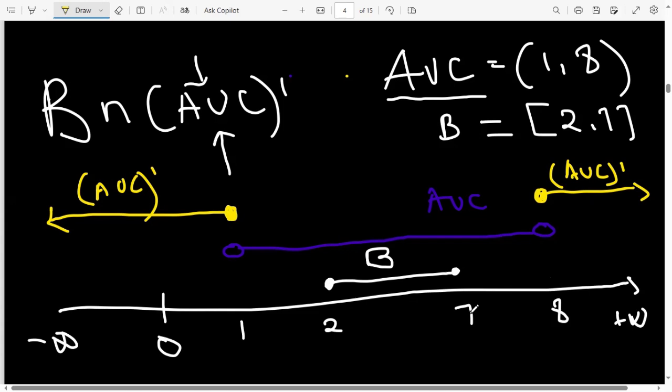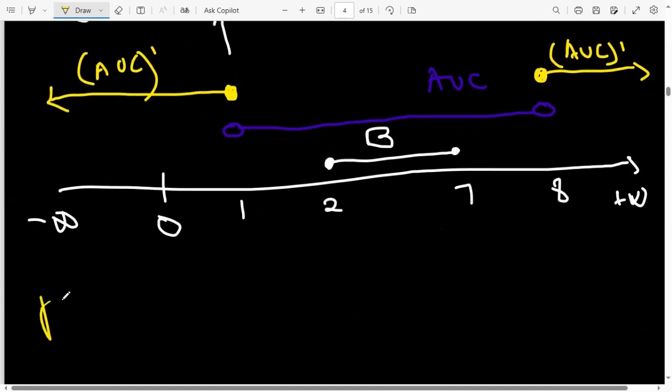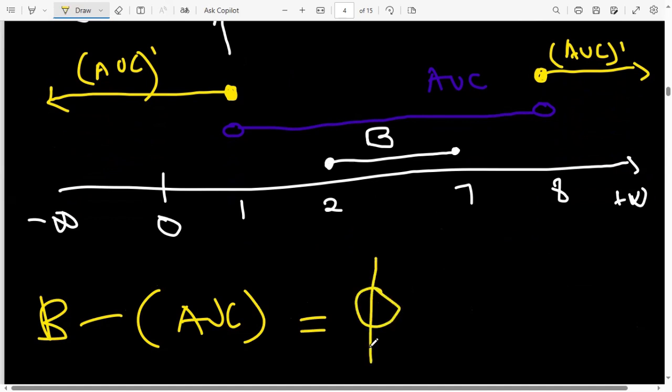We can't see any intersection. Those lines are not overlapping anywhere, the yellow lines and the white line. So the intersection does not have any members. It's an empty set. So you say B minus A union C is equal to an empty set. An empty set has two symbols: you can write the circle with a slash, or you can write curved brackets with nothing inside.